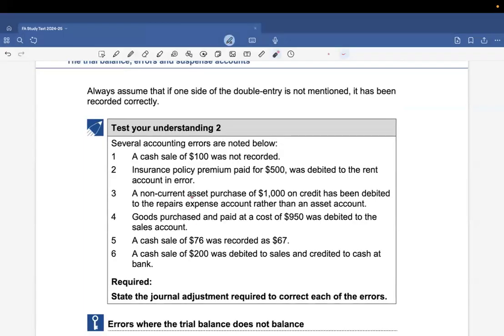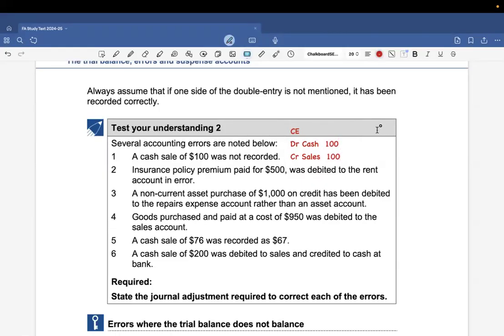Test your understanding too. Several accounting errors are noted below. A cash sale of 100 was not recorded at all. So what is the correct entry? Debit cash 100 and credit sales 100.